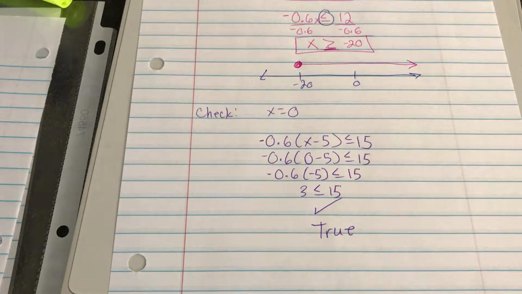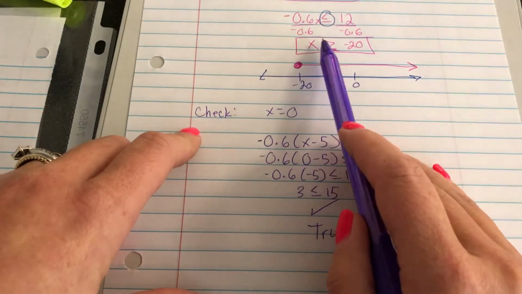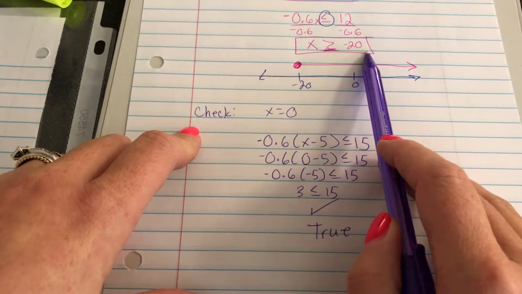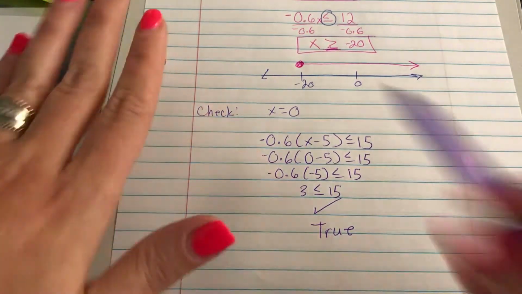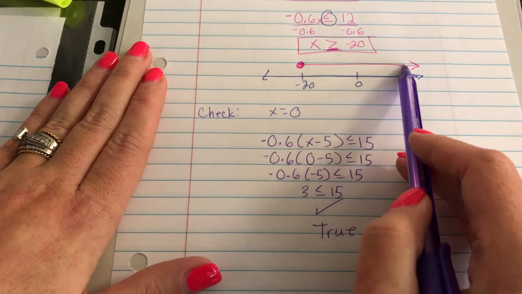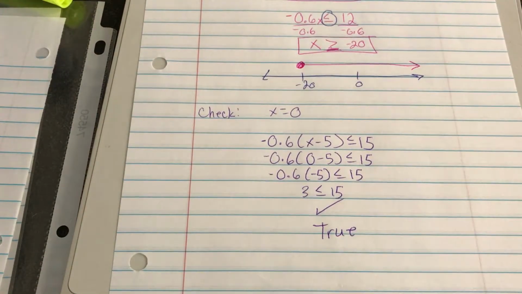Yes, because x would be greater than or equal to negative 20. That's what the solutions actually mean when you're talking about an inequality. So when I'm saying all my x values are greater than or equal to negative 20, what I'm saying is every x value I choose has to be greater than or equal to negative 20. Does that help you understand inequalities a touch better?